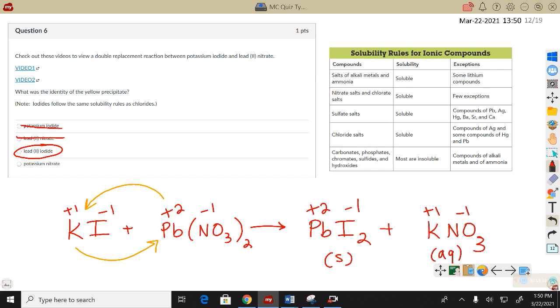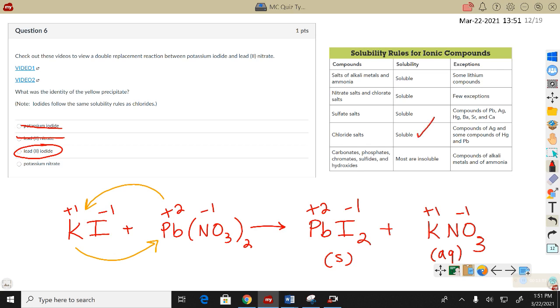From there, I can just check this solubility chart. So lead's probably not on the chart. It doesn't have every ion, but I bet one of the ions in your compound is on the chart. And again, here there's a little note that says iodides follow the same rules as chlorides. Most halogens follow the same rules. So chloride salts or iodides are soluble.